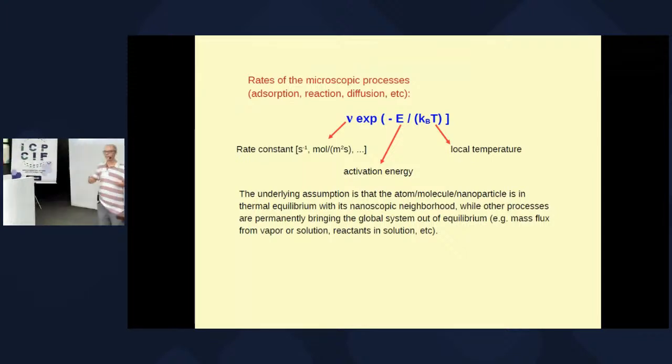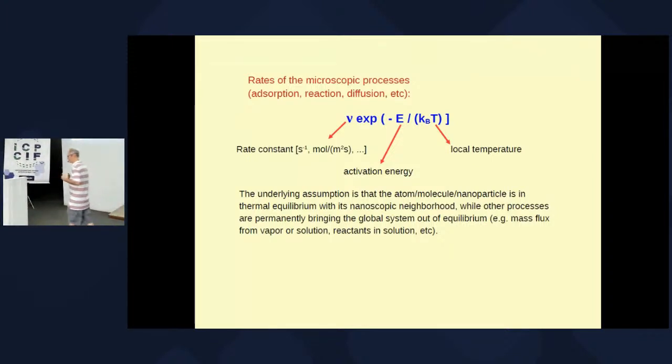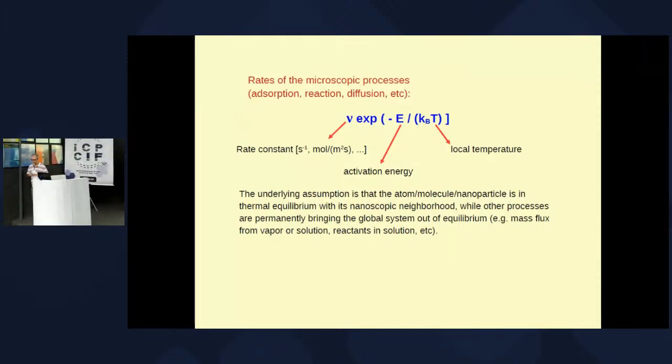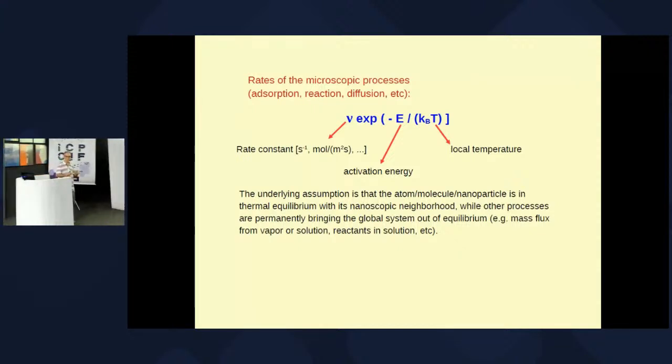So these are mechanisms that bring the physical system far from the equilibrium conditions, far from thermodynamic equilibrium conditions, while these microscopic processes tend to bring the system to an equilibrium configuration, but usually they act at small sizes, at small scales.